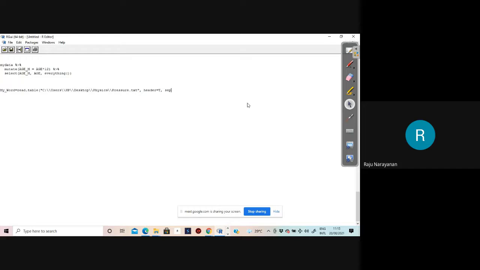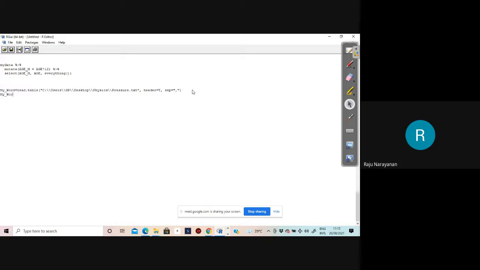That means you can separate by comma or semicolon or ampersand or dot or anything like that. No problem. But you have to inform him. In this way, you can enter the data and import.